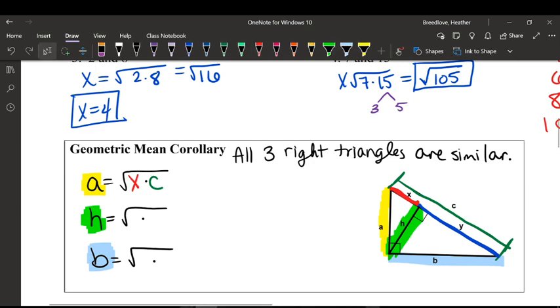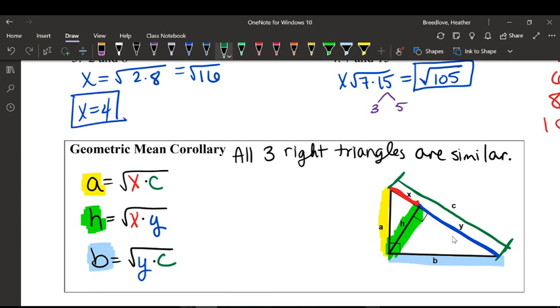But the way I have it represented here, H is blocked off by the red and the blue line, and it doesn't get to the green line. So I'm going to use X and Y. And then the last one, the other leg of the large triangle, B, the light blue, is touching Y, the blue line, and it's touching C, the green line.